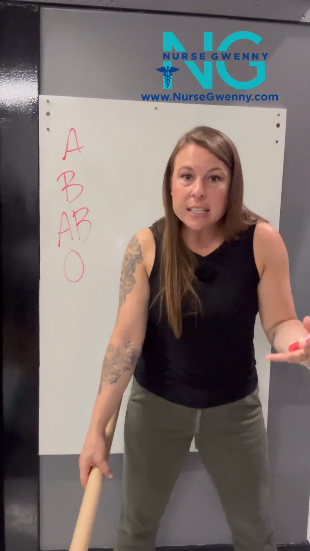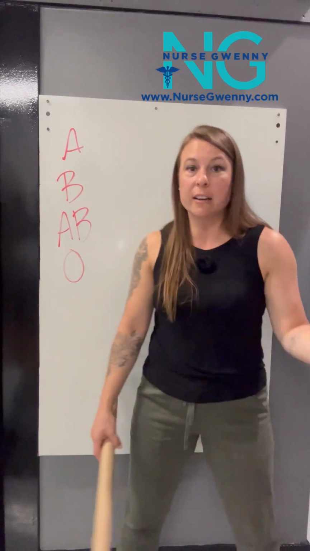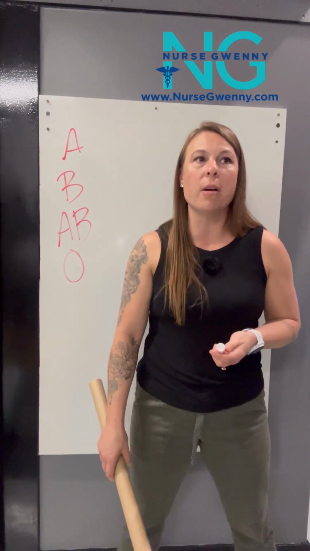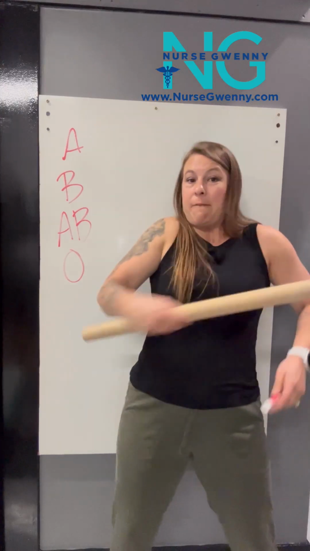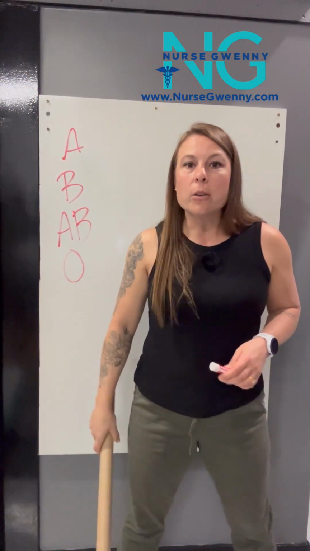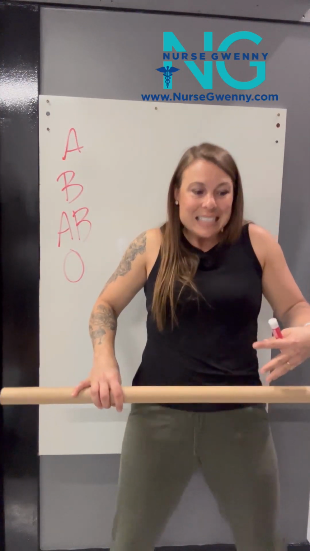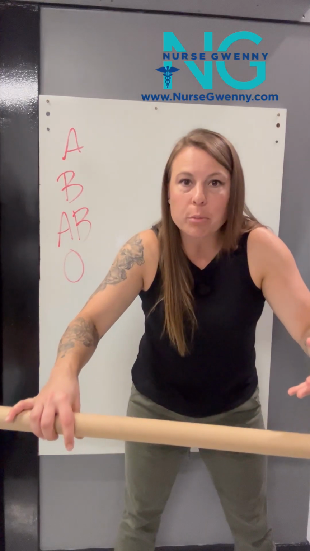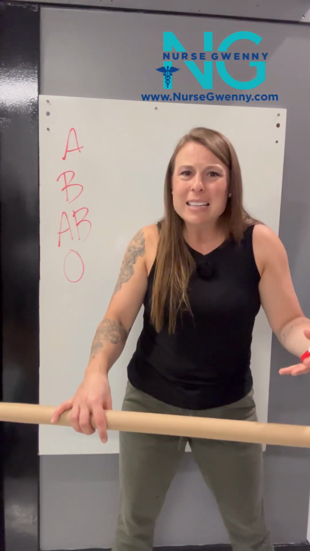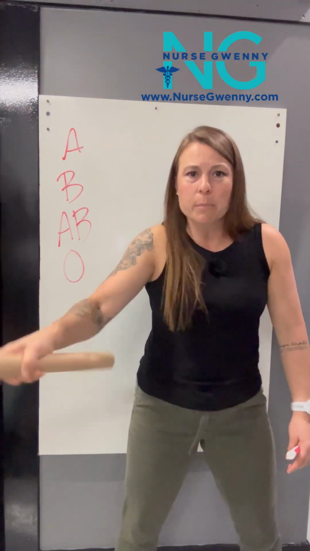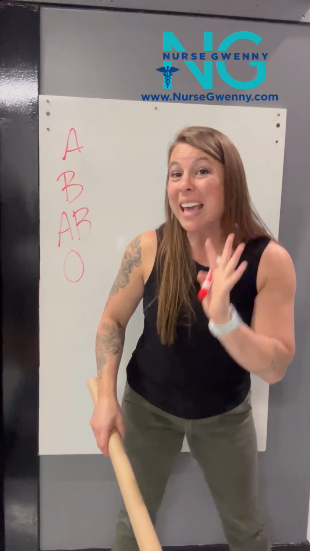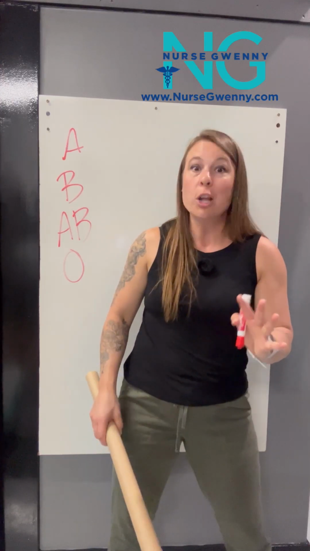And so on my first exposure to, say, O positive blood, if I was a trauma patient receiving O positive, my body doesn't have the antibodies to freak out. But what it does do is it is exposed to that positive blood and it goes, that really doesn't belong. You know what? I should probably get myself some antibodies, some swords to fight that off in case I see it in the future.